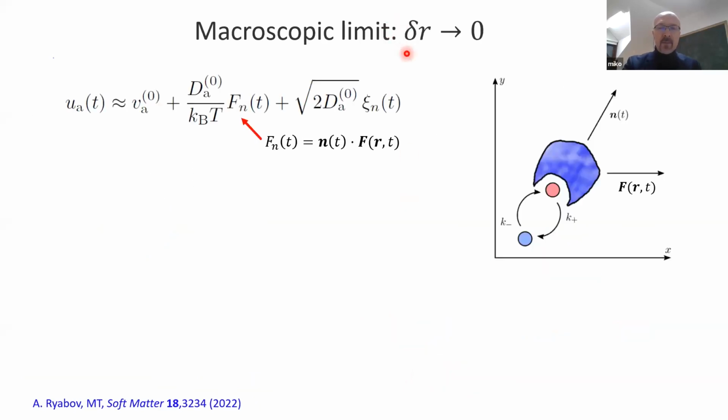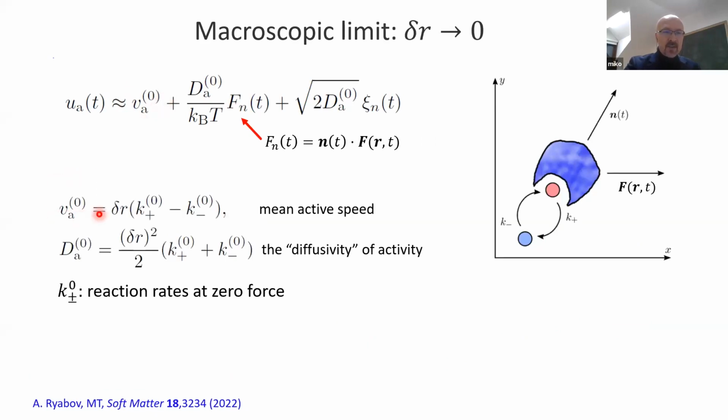So this Markov process, a random jump process, can be represented in the continuum limit. In the continuum limit, we can write this active speed in a very simple form, when the jump of the nanoparticle is very small. There are three terms. The first is the constant net velocity v_A0, which is just the difference of reaction rates without force, multiplied by the jump. And the most important term is this one, where we have the force dependence explicitly changing this active speed.